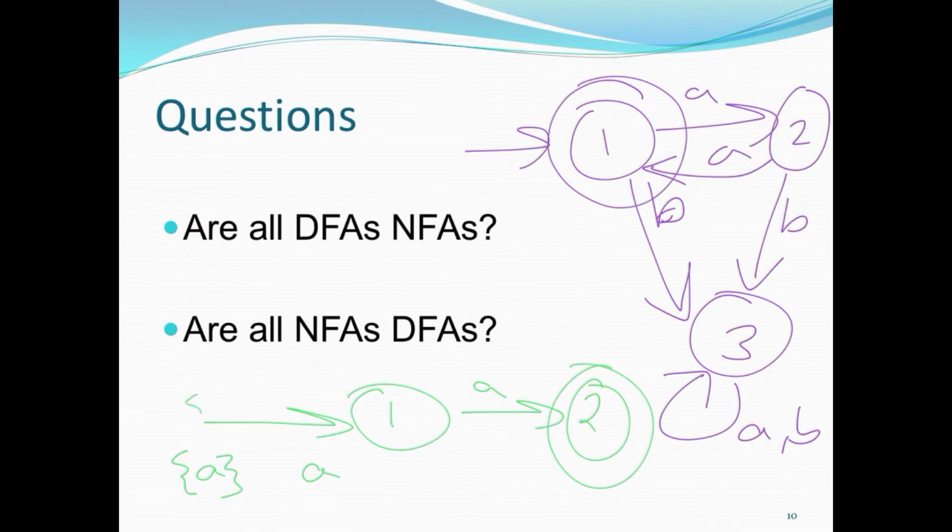Oops, I didn't write start on this one. Tisk, tisk. And I didn't write start up here. But down here, no out transition. Well, who knows? Maybe it's just a language over the alphabet A, but there's no out transition for A on state 2. So not a DFA, but it is an NFA.